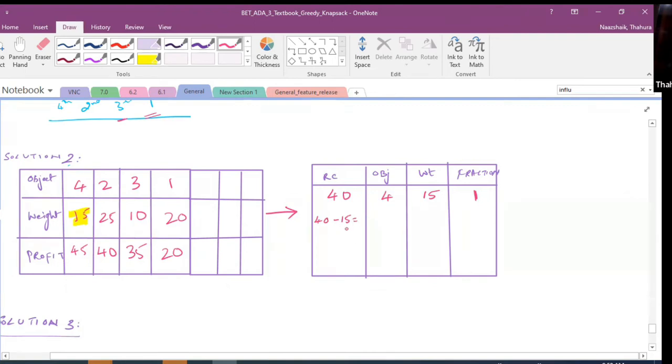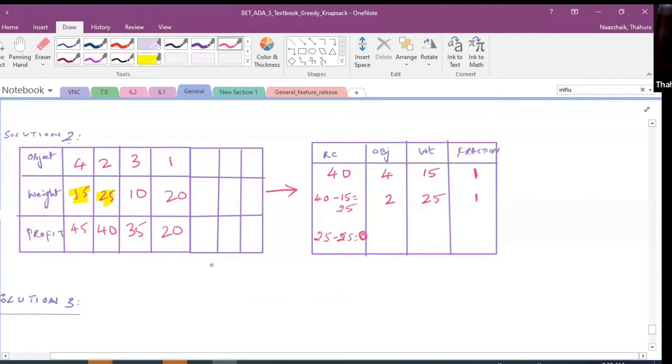What is this? 25, right? Okay. So let's check. Can you take the second object? Yeah, it is perfectly fitting. Yes, ma'am. Let's take that. Now after this, it is perfectly fitted. 25 minus 25, 0. You don't have any remaining capacity.